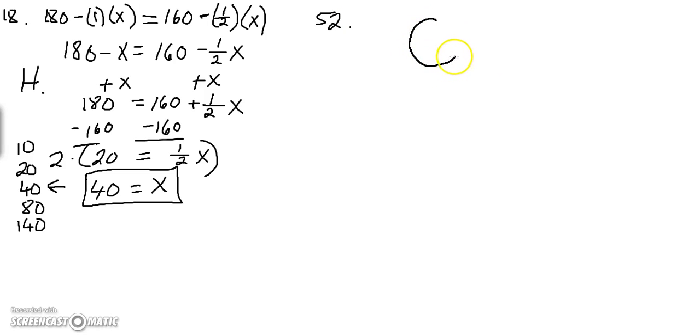It shows a circle, and in the circle there's a rectangle. So let's draw my rectangle somewhere over here. And it's telling me that the sides of the rectangle are 6 by 8.